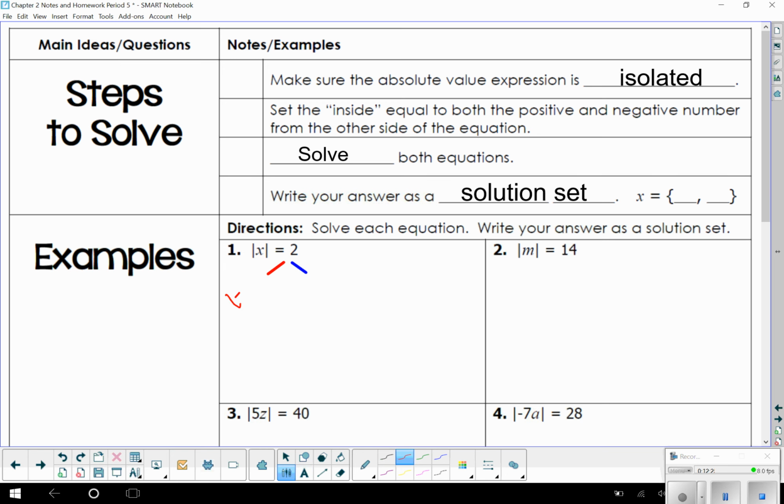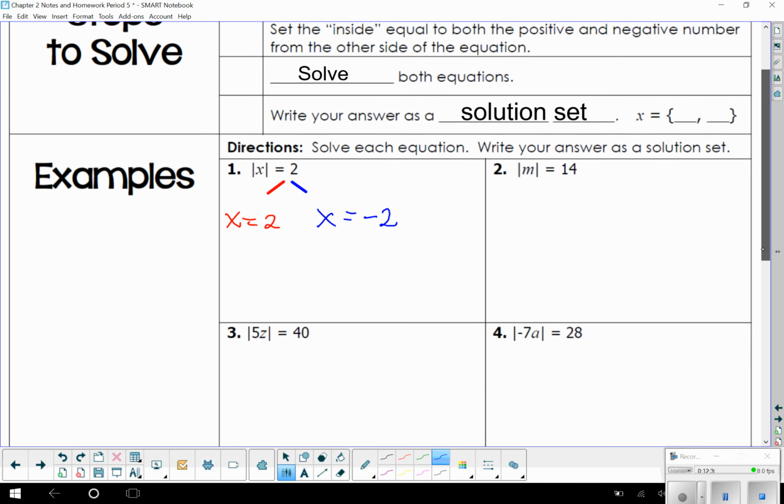You're going to write it the way it is. And then you're going to write what's inside equal to a negative in the answer. And that's it. So not kidding you guys. That is it. Let's move down.